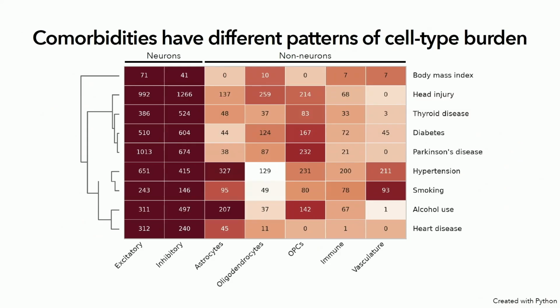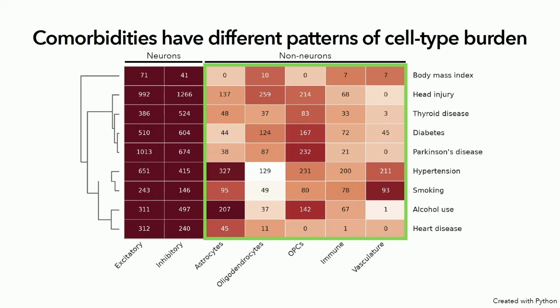This heat map shows the effect of comorbidities across cell types. Within each row, a darker color indicates a stronger effect. We found that across all the comorbidities, the neuronal cell types were the most strongly affected. However, among the non-neuronal cell types, we also observed that each comorbidity induces its own distinct pattern.